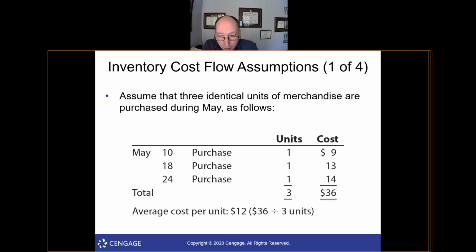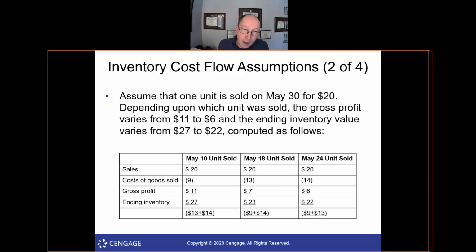Now, what happens is that I'm going to sell these coffee mugs for $20. My list price is $20. So ideally, I'm going to want to sell that first one to get the most profit, right? That's the idea. So $20 minus 9 is 11.